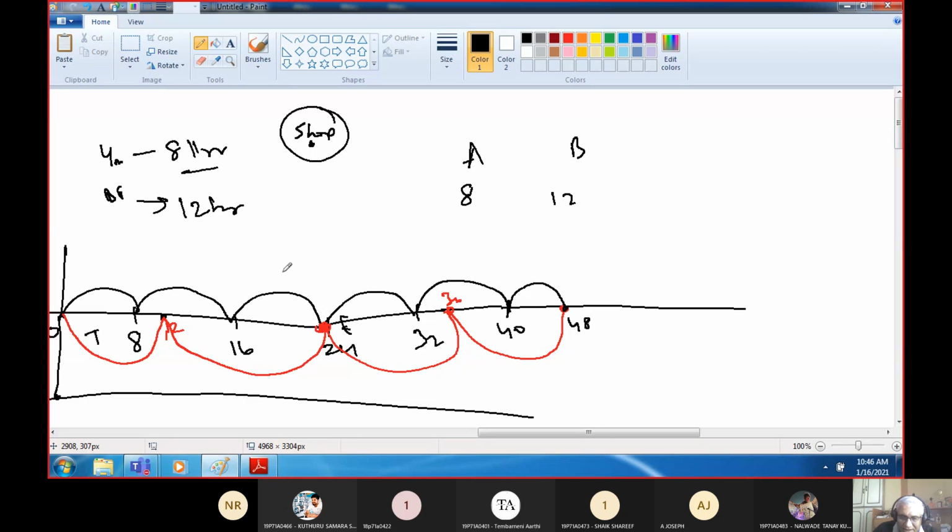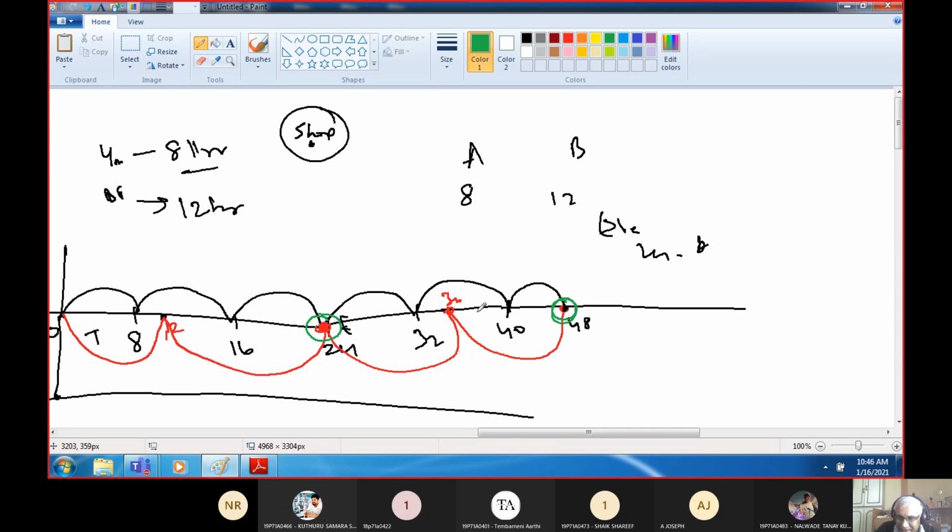And we can definitely tell 100% that if they are sticking to this time period, they will meet every 24 hours. Is it not? They will meet here. So this is the place where they are meeting first time. Then when do they meet again? 24 plus 24 is 48. They will meet here.